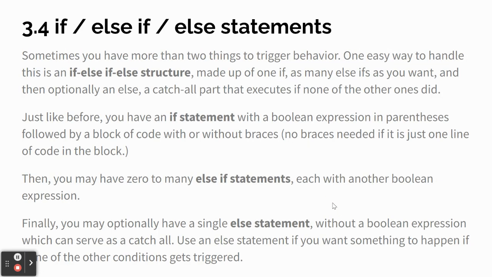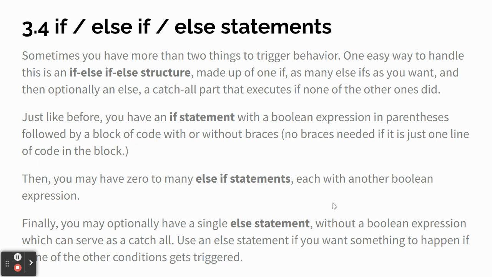All right, section 3.4. But wait, there's more. Now we have if-else statements, and sometimes you need more than two things you want to trigger on. In this case, you're going to have an if statement for sure, the if with a condition, just like we've been doing, followed by curly braces or just one line.